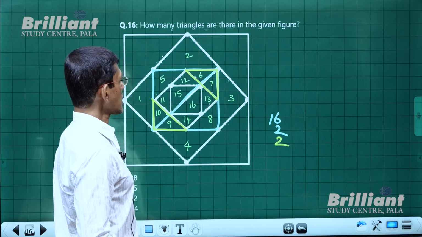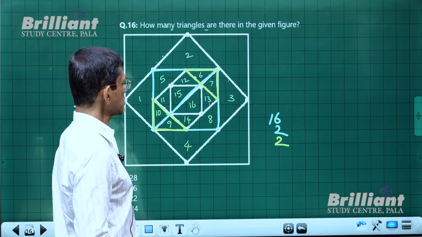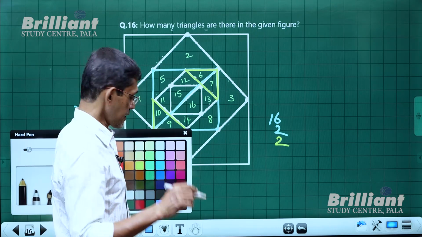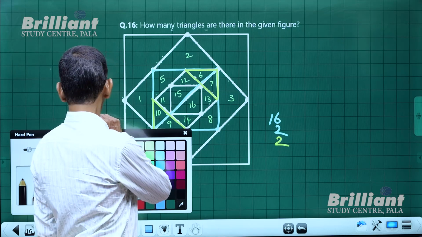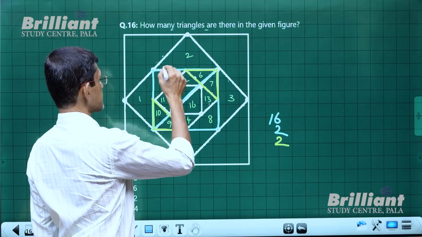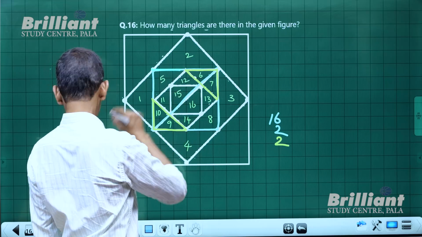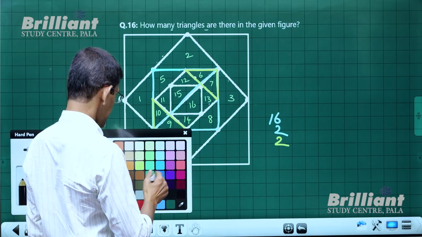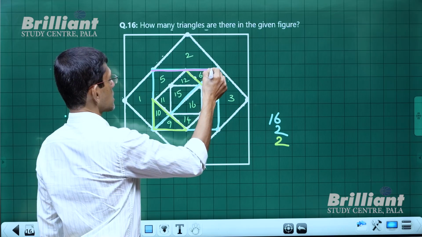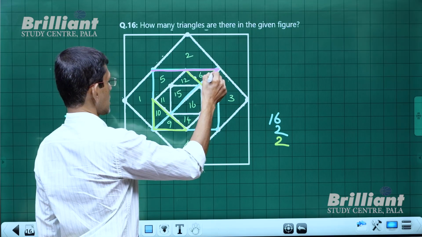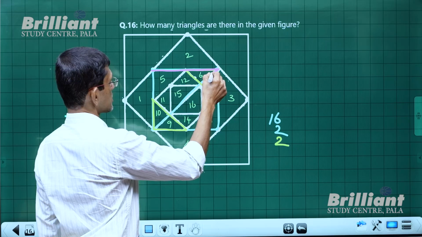Is there any other triangle we have missed out? Alright, I'm pretty sure you have noticed it. There are more triangles here. Look at this. Let me take another color, otherwise it would be confusing for you. Alright, so this way. Oh, that's already been taken, right?